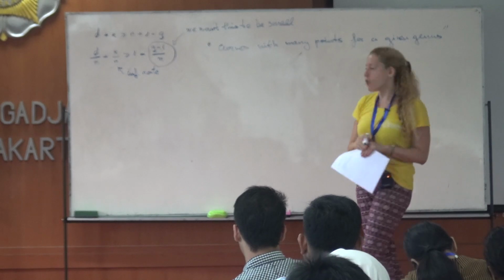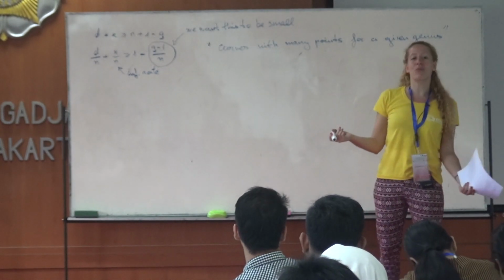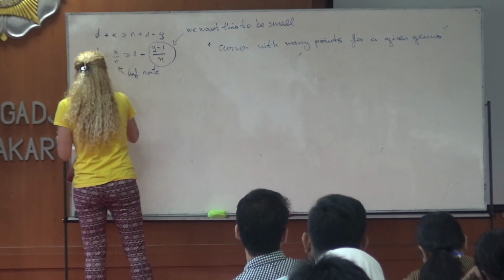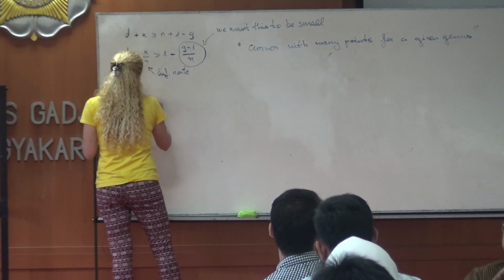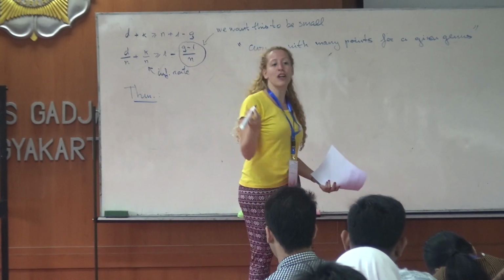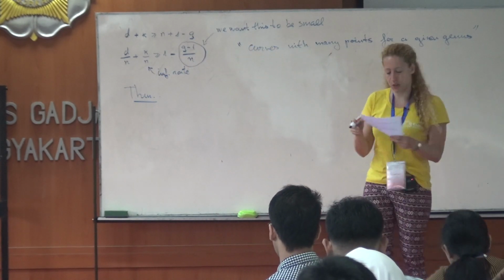Okay? So now I'm just going to state a theorem because it's a very famous one and I think you should know it. It's a theorem that gives us a bound for the number of points for a curve defined over a finite field of a given genus.